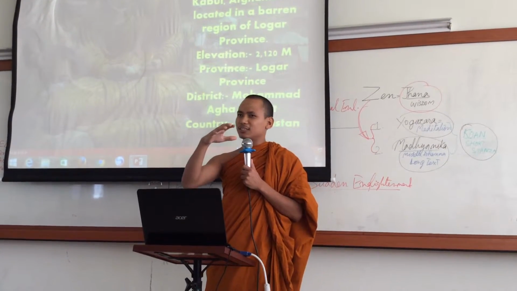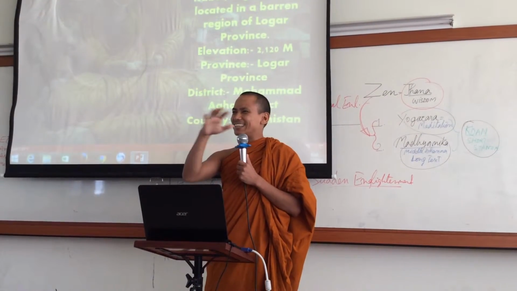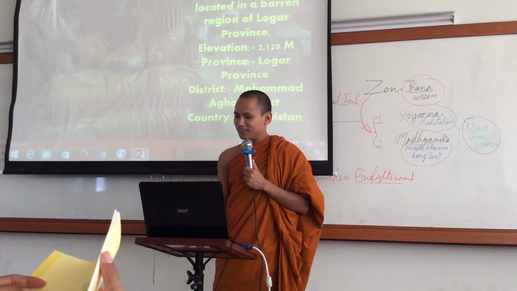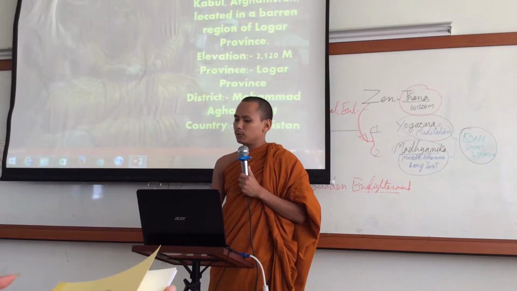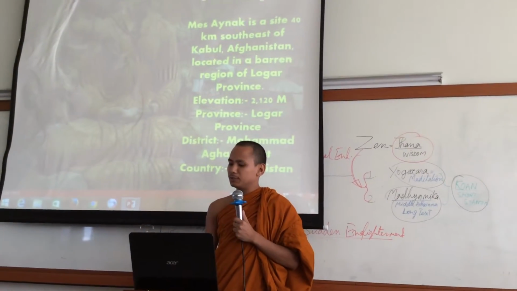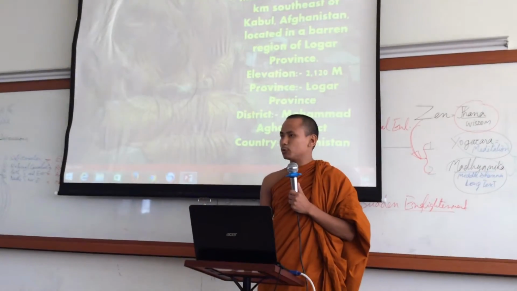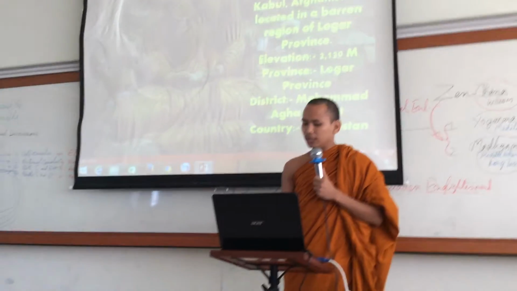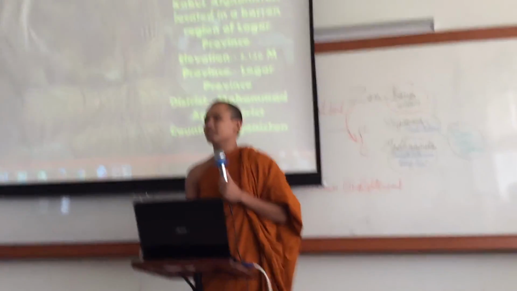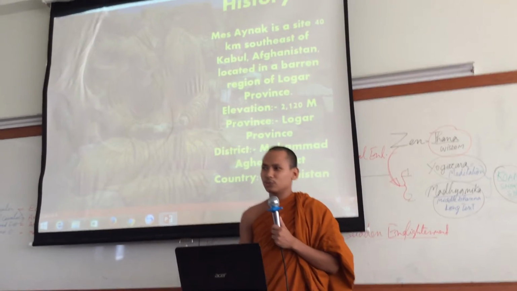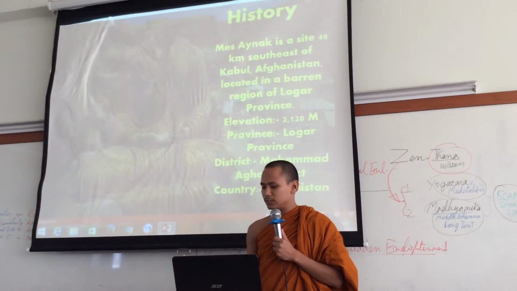Its elevation is 2,120 meters. The province is Logar province, the district is Muhammad Agha district, and the country is Afghanistan. You can search on Google to learn more about this temple.